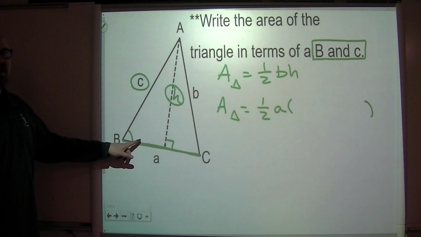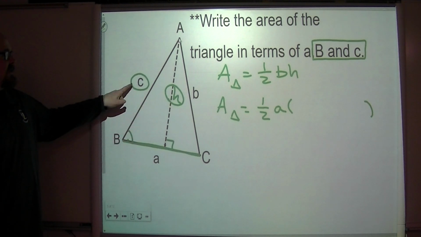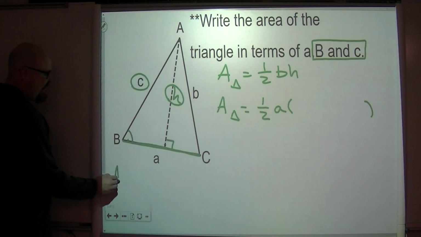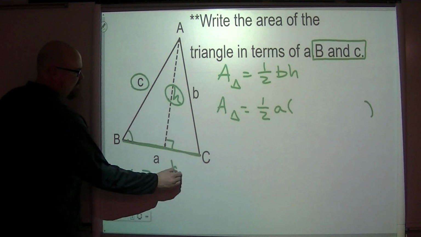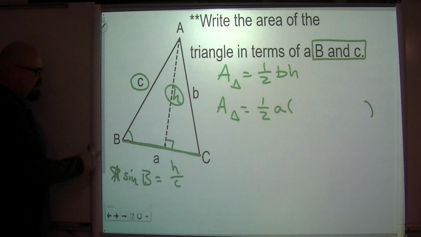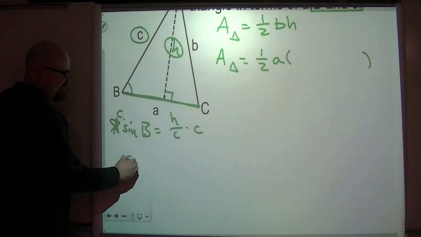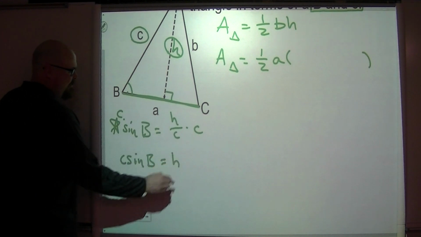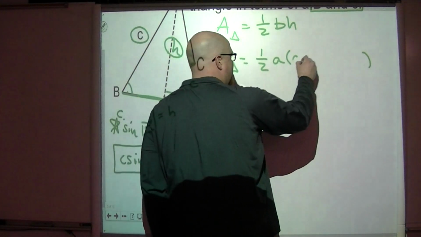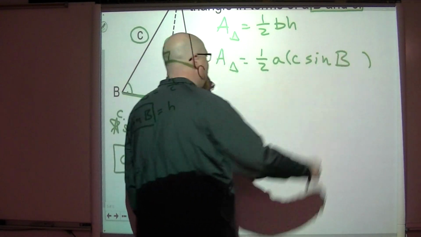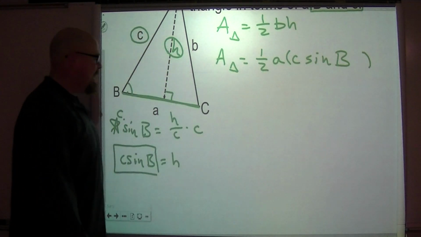Well, we've got right triangles, and if I have angle B, side H, and side C, we know that the sine of angle B is equal to H over C. So here's my margin work. If I multiply both sides by C, I get this relationship. And if this is equal to H, I can bring that back into this equation. Now I have the area of the triangle in terms of A, C, and angle B.